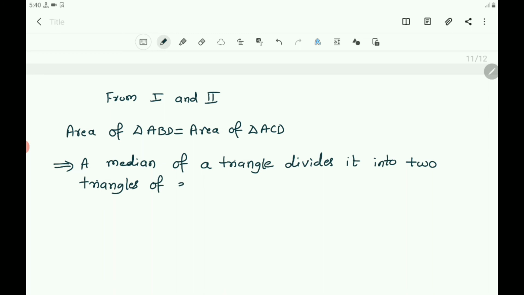That completes the chapter coordinate geometry.